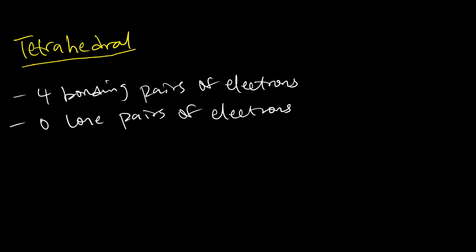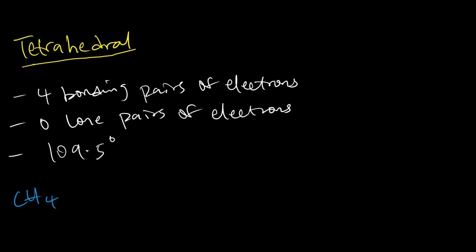The bond angle is usually 109.5 degrees. An example of a molecule with tetrahedral shape is methane, CH4.